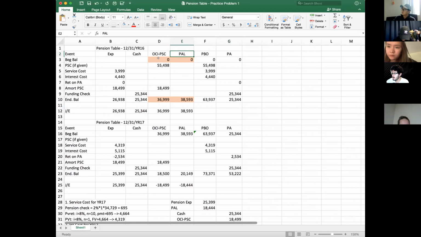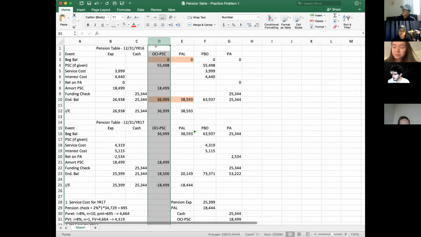So to answer your question in a simple phrase, the debit and credit side changed because in year 16, it was the first year and we didn't have a beginning balance of OCI at that time. However, in year 17, we have a beginning balance, right? So in year 16, the change was from 0 to a debit balance of 36,999.